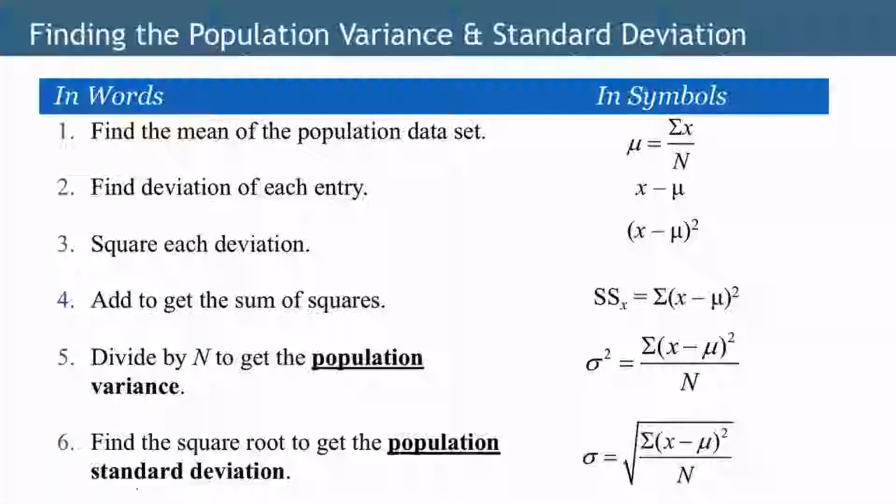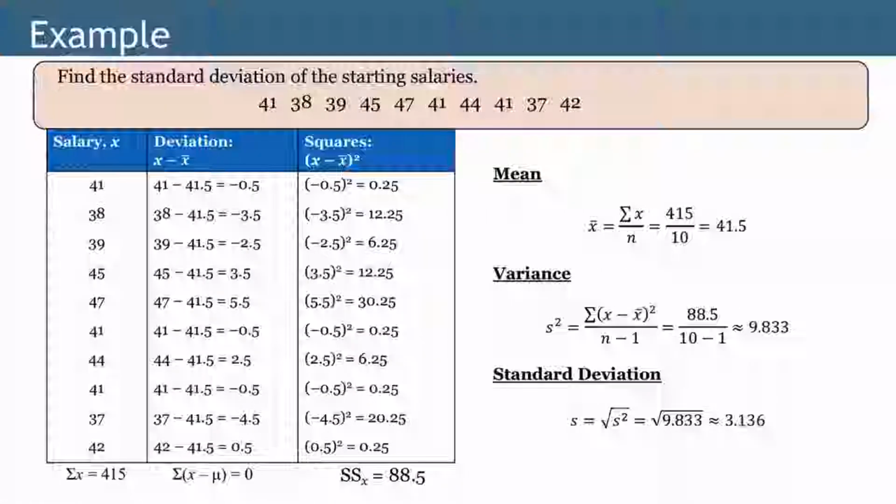All right, now these are basically the steps if you need to find the standard deviation by hand. So you can review those. But if you ever have to do this, the best way, honestly, is to make a table. If you have to compute this by hand, there's just no other way around this.